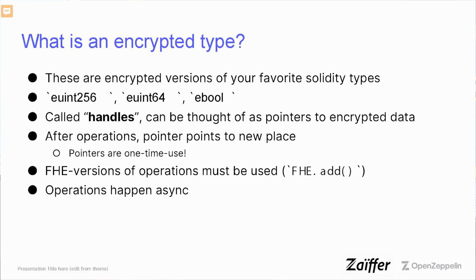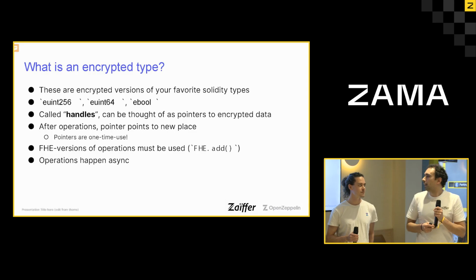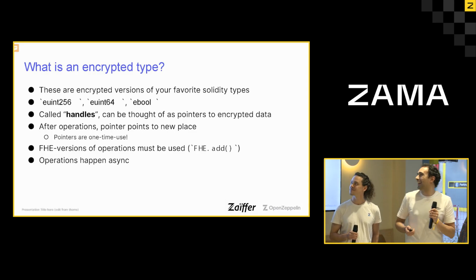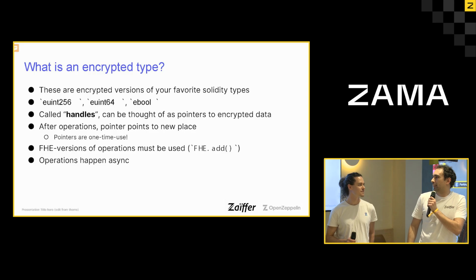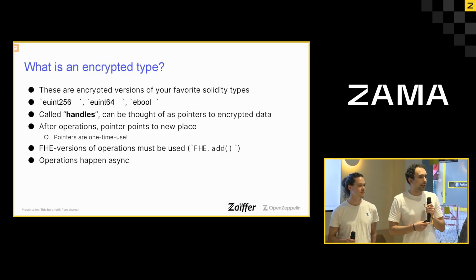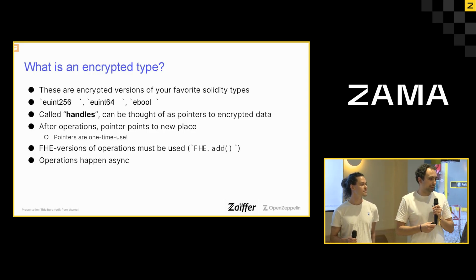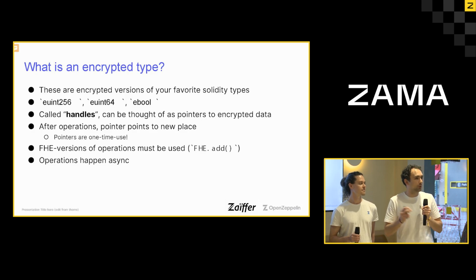Okay, so what's an encrypted type? They're encrypted versions of your favorite Solidity types. So you'll have in Solidity, obviously, unsigned ints, addresses, etc. And what you can do using FHEVM is have the encrypted version of these types. What you have to watch out for is that you'll often see, in the FHEVM jargon, the word handles.